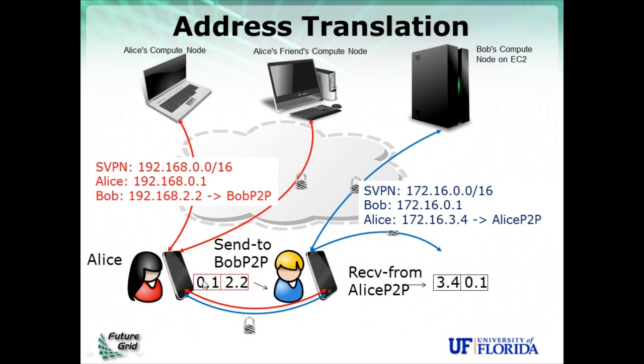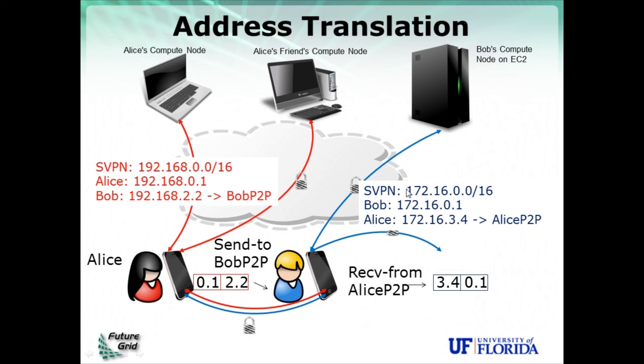So the packet goes with source 192.168.0.1, destination 192.168.2.2. But it's translated in the path by the SocialVPN router to the addresses that on the other side here are the source address as seen by Bob for Alice and the destination address, which is the local address of Bob.